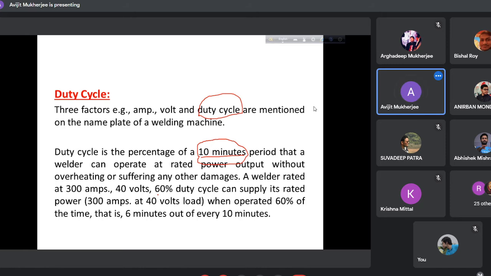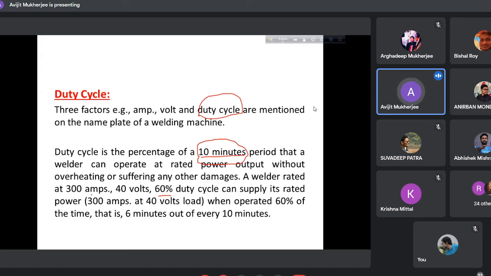If 60% is the duty cycle, it means the operator operates for 6 minutes out of a 10-minute cycle, with the rated output, the rating factors written on the nameplate of that machine.